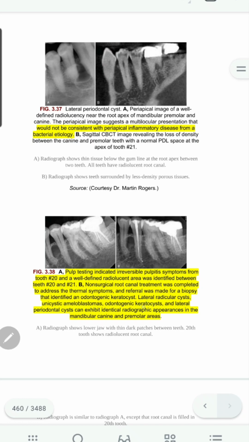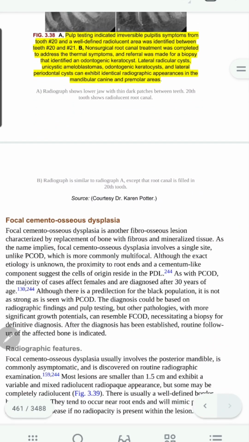He says lateral radicular cysts, ameloblastomas, and odontogenic keratocysts can exhibit identical radiographic appearance in the mandibular canine and premolar areas. So, taking other signs into account for the final diagnosis is important, not only relying on the radiographic images.